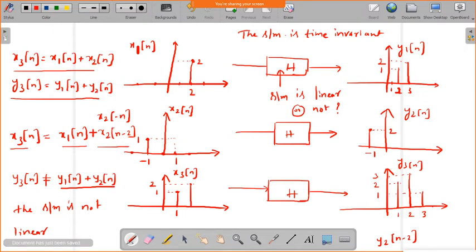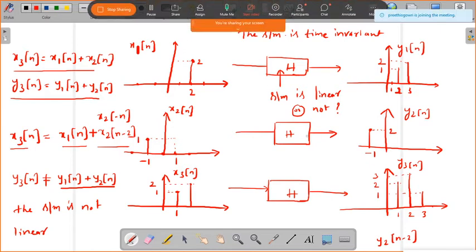If it possesses that property, then we can say the system is linear. Otherwise we can say the system is not linear. So now we cannot express y3 of n as the addition of y1 of n and y2 of n. So we can say this system is not linear.